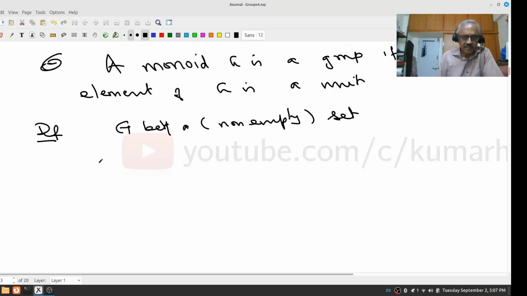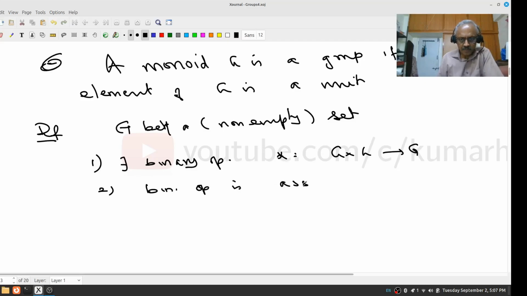There is a binary operation star from G cross G to G, and two, the binary operation is associative. I do not recall the definition; we had been using it for the last 3 times.